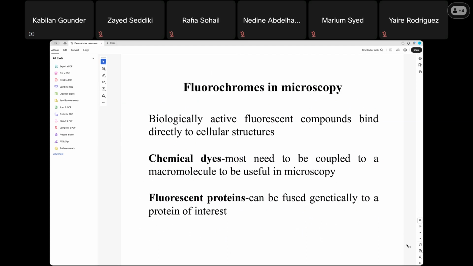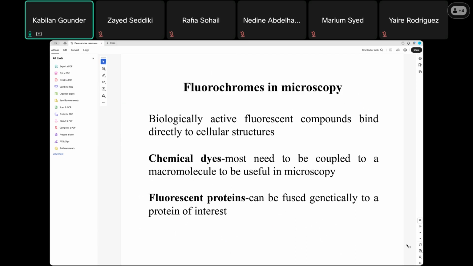So the fluorochromes or fluorophore dyes are very important in fluorescence microscopy and also associated with other techniques. They are biologically active fluorescent compounds that bind directly to the cellular structures. The chemical dye mostly needs to be coupled to a macromolecule to be studied in the microscopy.